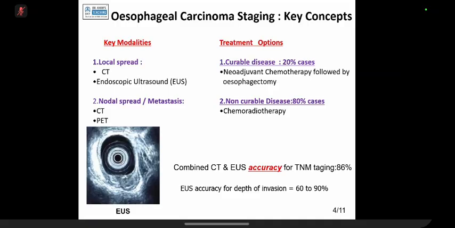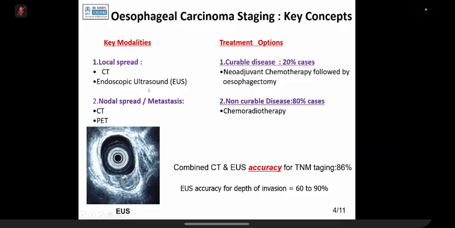This is for your day-to-day radiology. Key, you will diagnose it on endoscopy, and then you will ask for staging. So what we do is that for local staging, we do CT. Everybody will have a CT.